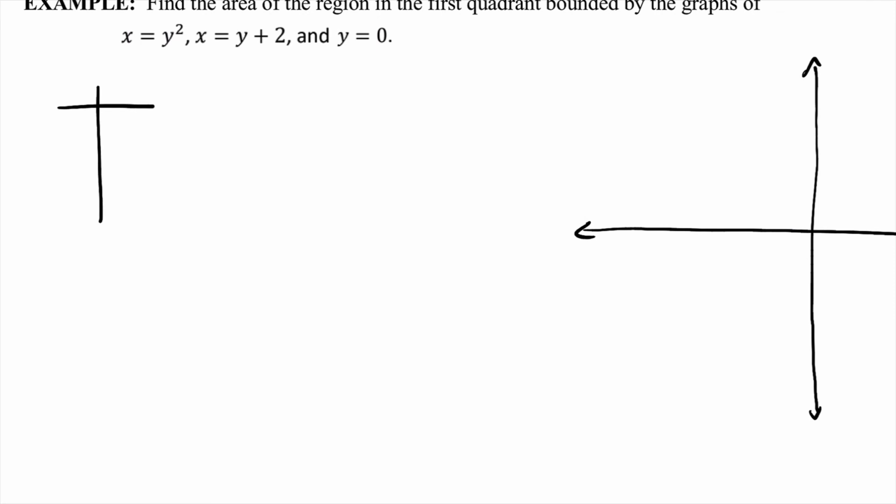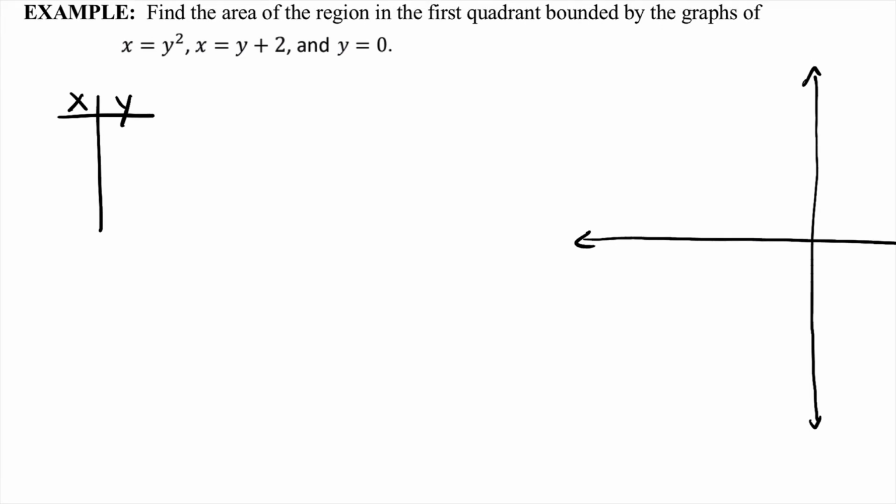Plug in points and see what you get. We've got an x, we've got a y. What's the difference here though? I usually plug in numbers for x and solve for y, but now it's going to be reversed. So I'm going to plug in numbers for y and solve for x.